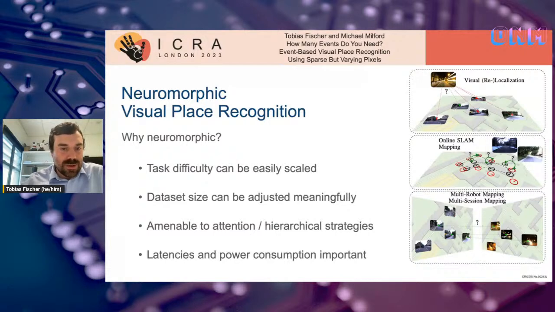And place recognition techniques are amenable to many strategies, such as attention and hierarchical strategies. And there's been a lot of work by the neuromorphic people in those areas. So it would be interesting to use some of them in the place recognition context. And then, as I already mentioned, because of the robotic deployment, oftentimes power consumption is important and latencies as well.